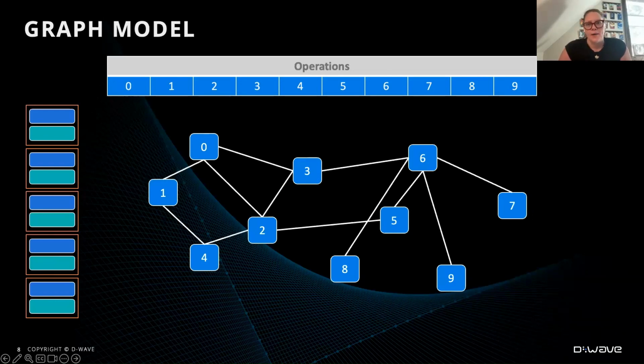Then we can think about assigning these to different computers. And I'm just going to do that by coloring the computers in certain colors and then the nodes in certain colors that match up with that computer as well. So for example, here on the orange computer, task 0 and task 2 is going to be completed. And you notice they have a dependency on each other. And then task 3 is going to be completed by the teal computer.